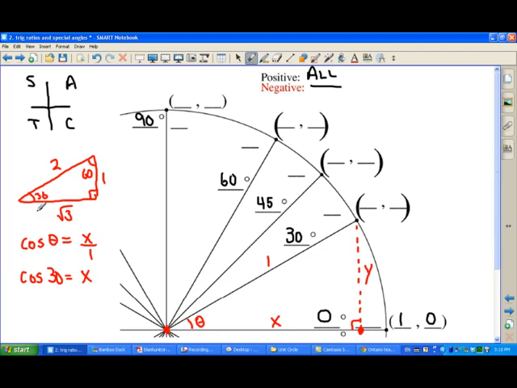And we know from our special triangle that the cosine of 30 degrees is equal to root 3 over 2. And what that means for us is that the value of the x-coordinate of this point on the unit circle, where the terminal arm is 30 degrees, is root 3 over 2.